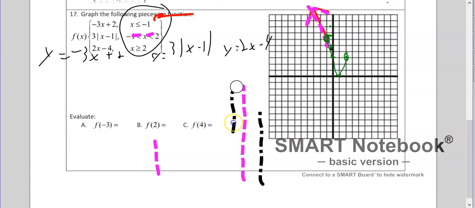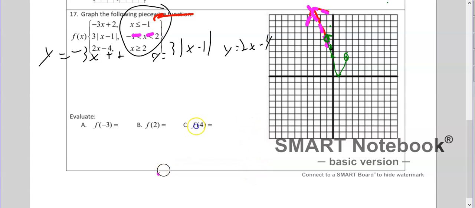Now, my last one is going to be 2x minus 4. So again, that's going to have a y-intercept of -4 right there. And it's going to have a slope of 2. So up 2, right 1, up 2, right 1, and so forth. That's going to look like that. But I want to start it at 2. So that's where my imaginary line is going to be, is at 2.